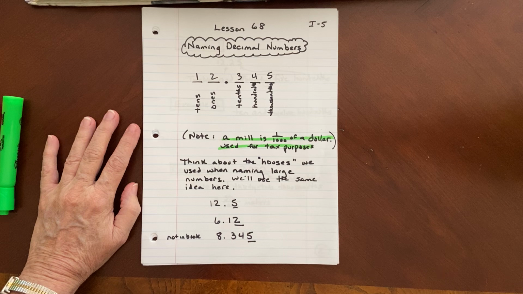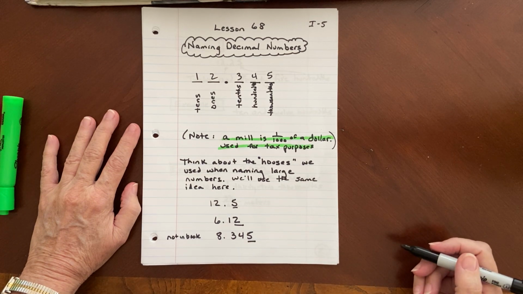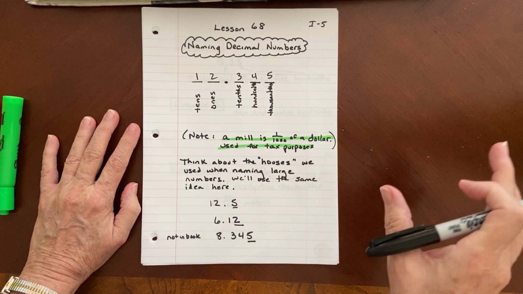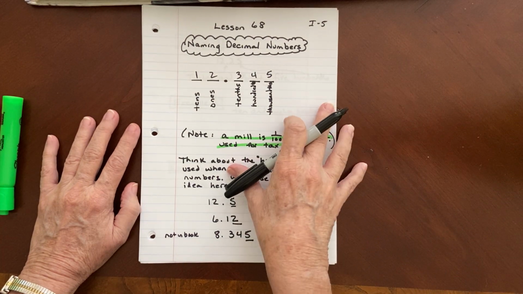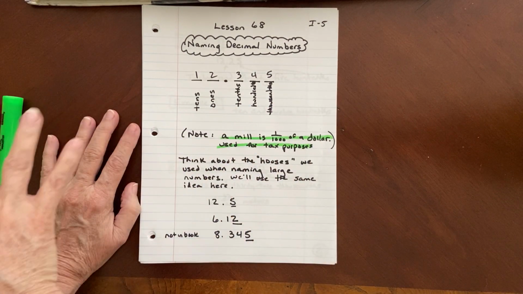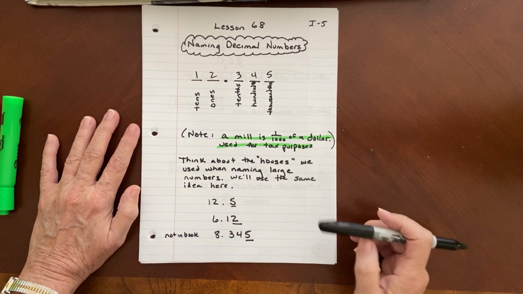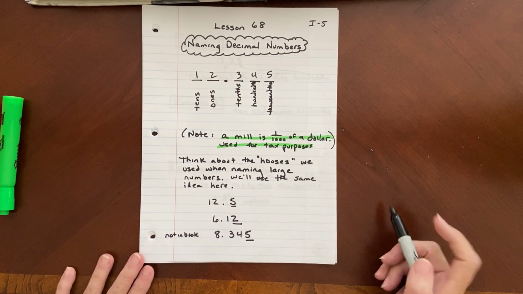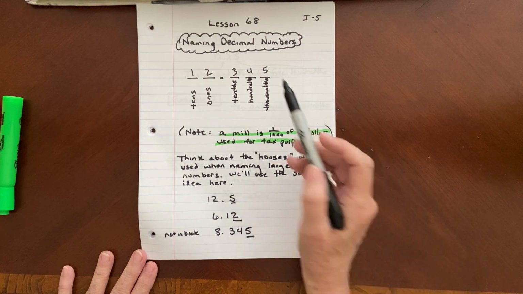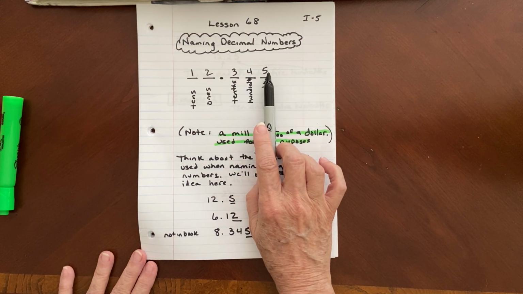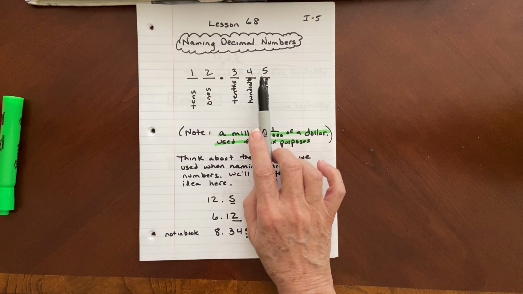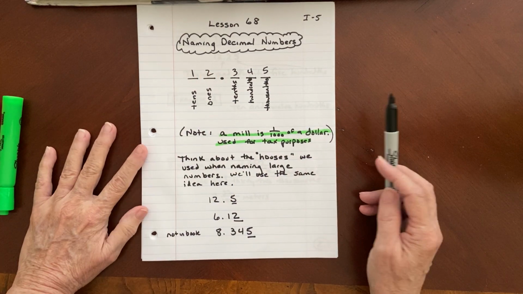So when we were naming big numbers, we thought about them in terms of houses. The units house, the thousands house, the millions house, the billions house, and so on. So we're going to kind of do that same idea here. So the trick when you're naming is you look at the last place when you have a decimal, or if you have more, we'll turn it into a house.